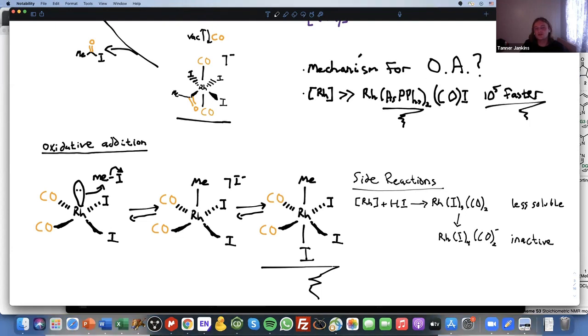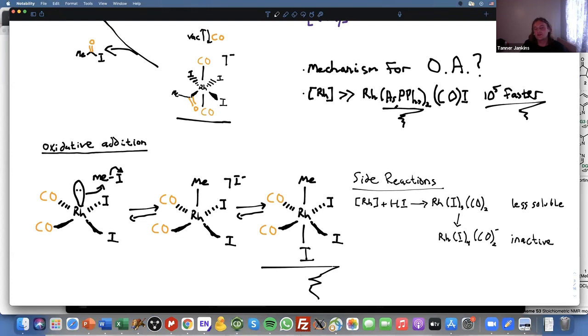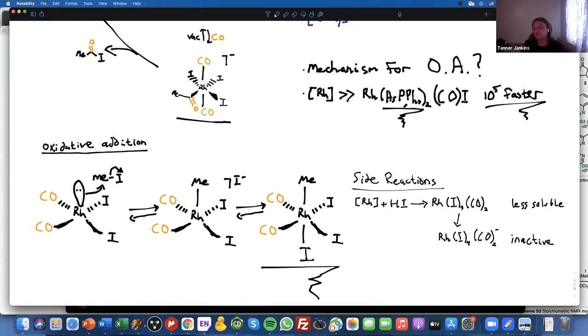And so that's a pretty huge difference by just simply changing one of the ligands. With this, they have a good understanding that indeed this is likely going through this SN2 pathway, as you would expect something like this to maybe proceed through a different mechanism.